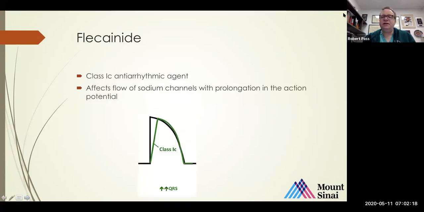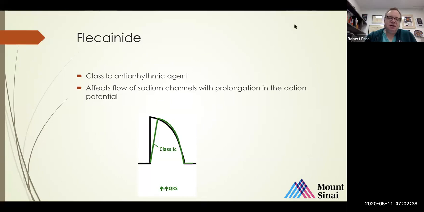Okay, so in keeping with our approach the last few weeks of reviewing an antiarrhythmic medication, today we'll start with flecainide. Flecainide, you will recall, is a class 1C antiarrhythmic agent. It affects the flow of sodium channels with prolongation in the action potential.